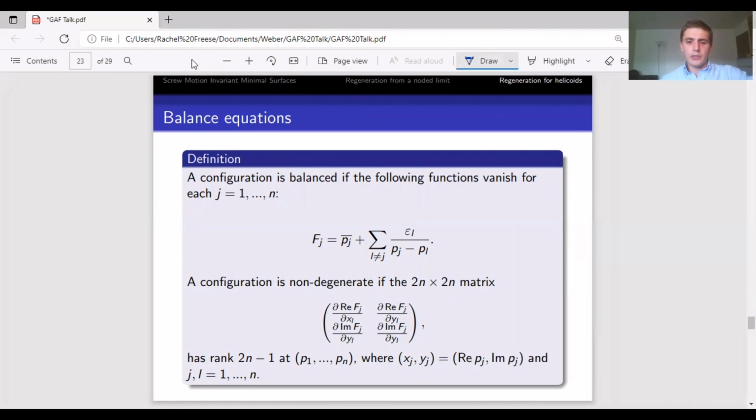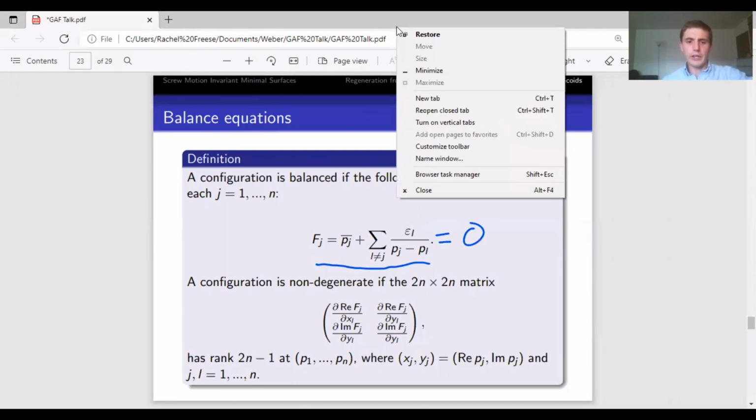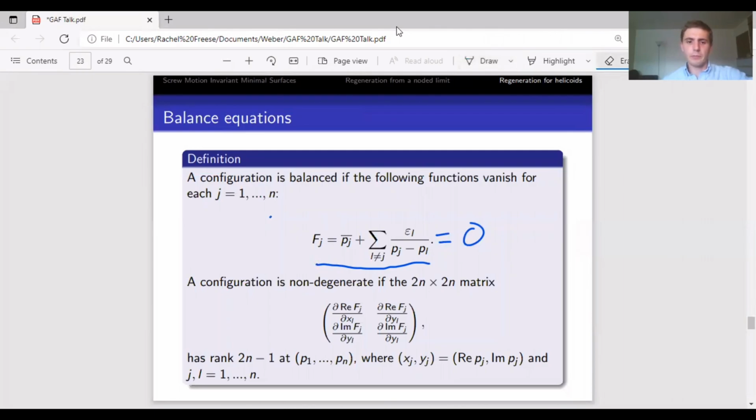We end up with these functions F_j, which are pretty simple algebraic functions in terms of the points. If they're all 0, then you're able to regenerate and get a minimal surface near that limit. So we say the configuration is balanced if these equations are met, if these functions vanish.